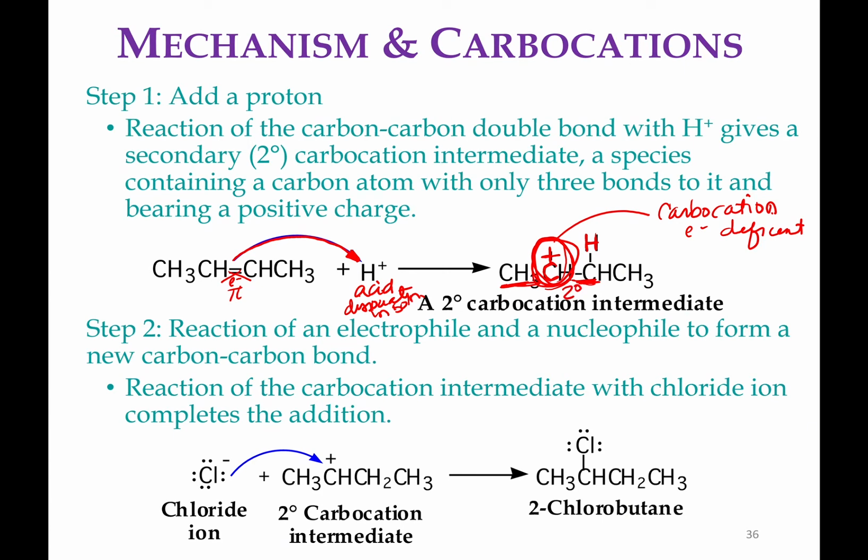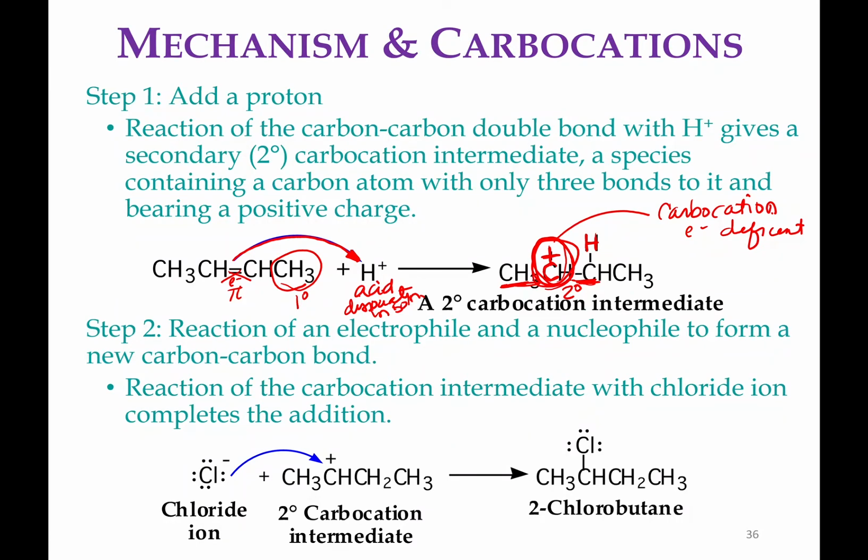The reason why the hydrogen goes to the carbon that has more hydrogens is because if it has more hydrogens, like this one would be a primary carbocation, it's going to be harder for it to handle having that carbocation intermediate. This doesn't stick around very long.